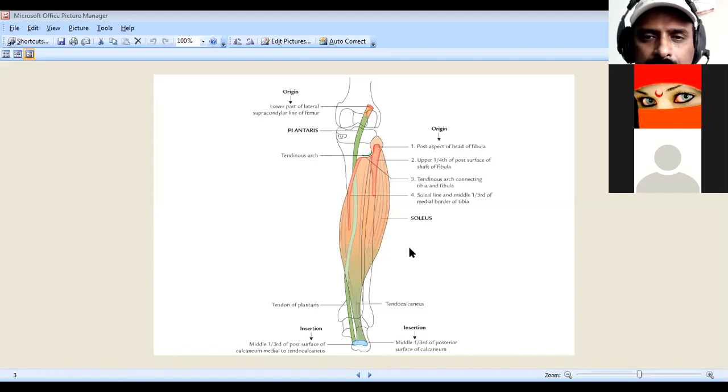So when the soleus muscle contracts, it pumps the blood from the sinuses into the deeper vein. When the muscle relaxes, these sinuses are filled with the muscle blood.